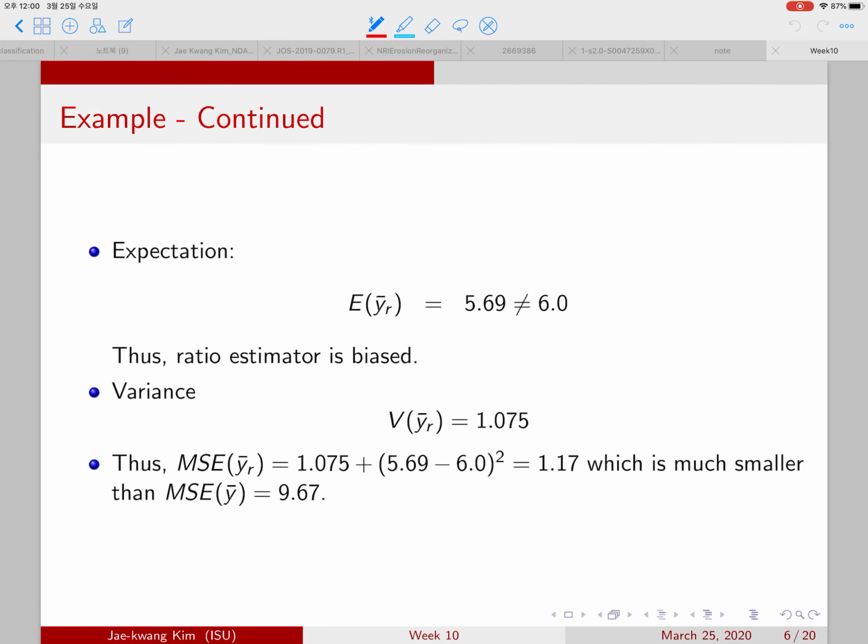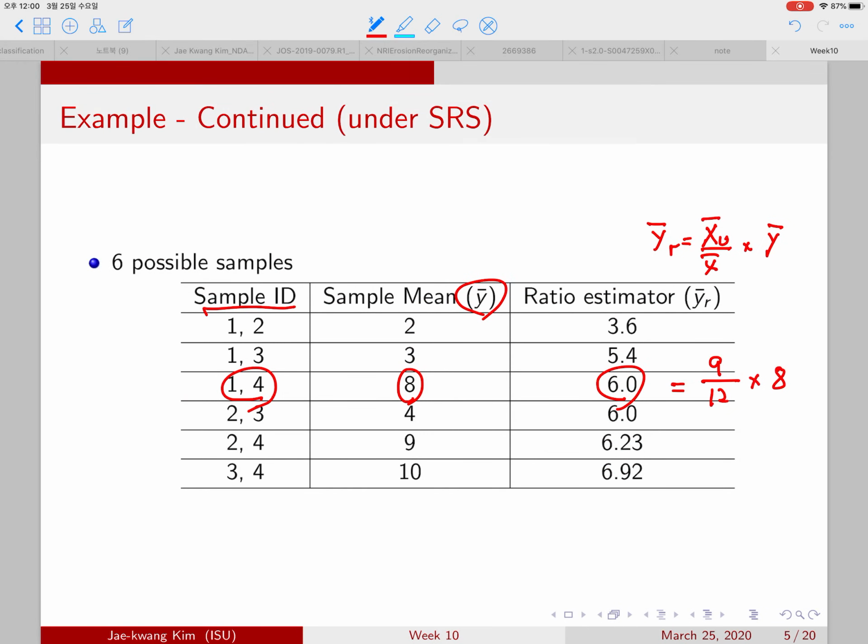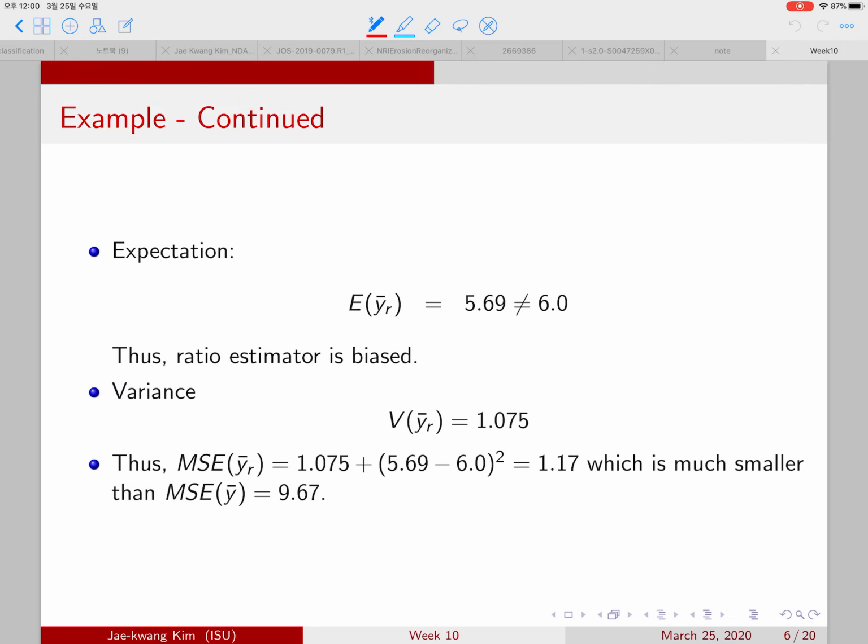Now using this table, under simple random sampling, we have a probability, and the probabilities are all equal, so each should be 1/6. Using that, we can compute the mean and variance.